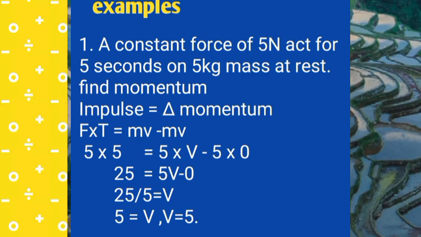That is 5 times 5 for the impulse, which gives us 25, and for our momentum, that is 5 times v minus 5 times 0, because it is at rest, and that is 25 over 5 equals v. Our v now is 5 meters per second. Sorry for not putting the units there. Never forget to put units to your solution.